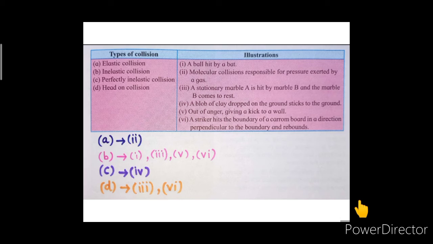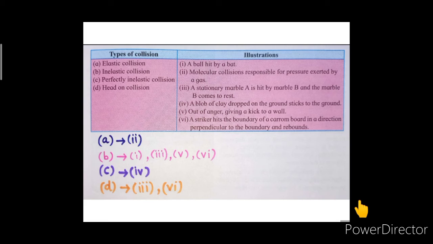Then for C, perfectly inelastic collision. In the perfectly inelastic collision, the conservation of linear momentum takes place. The kinetic energy would not be the same before and after the collision. After the collision, in the perfectly inelastic collision, the final velocity of the colliding bodies would be the same. That means the colliding bodies move with the same velocity.